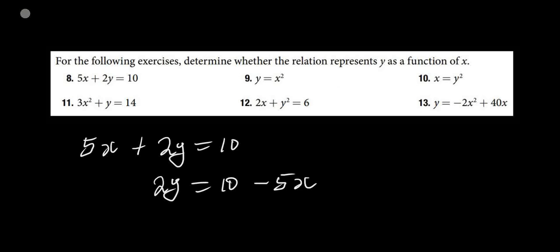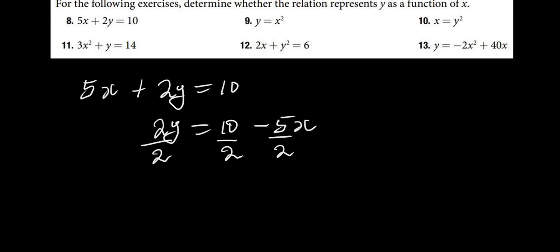At this point, we can divide both sides by 2. Divide each term by 2, rather. 2 divided by 2 is 1, and 10 divided by 2 is 5.